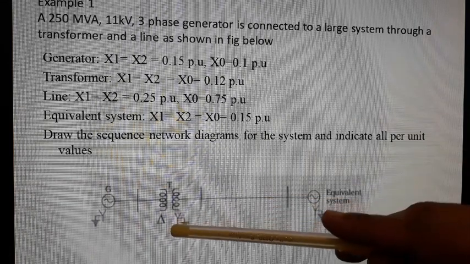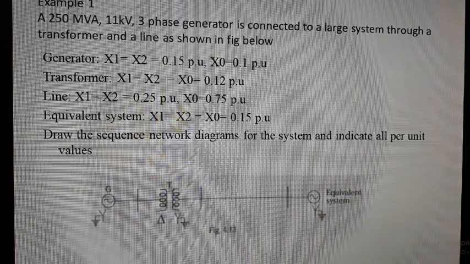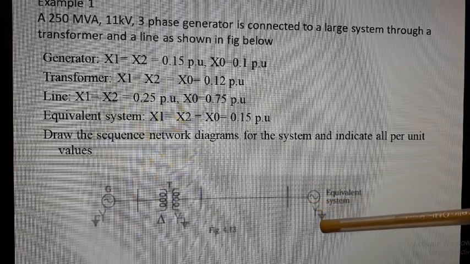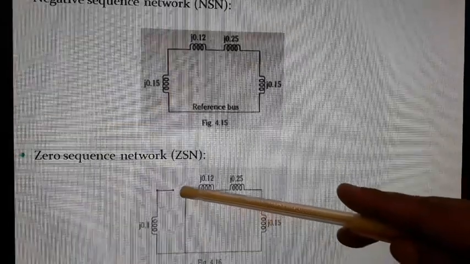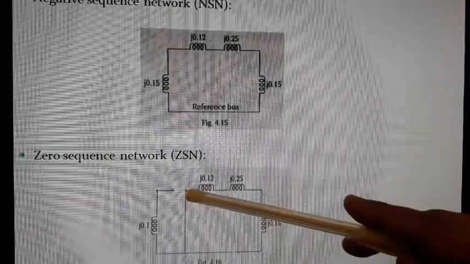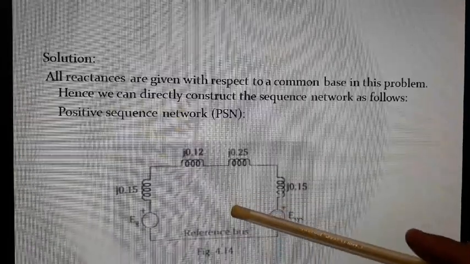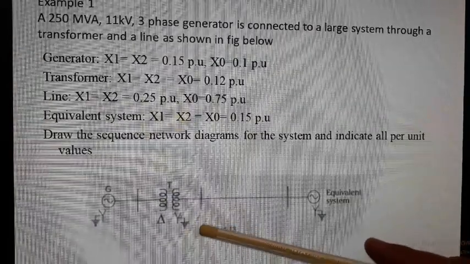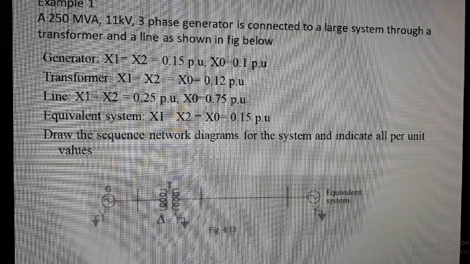Here the primary is delta connected, which means the series switch should be open and only the shunt switch is closed, and that is what we can see. Next is the star grounded. Star grounded means the series switch should be closed and the shunt is open.